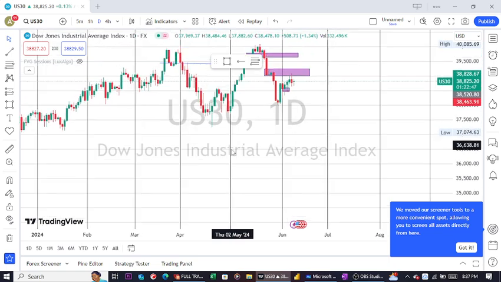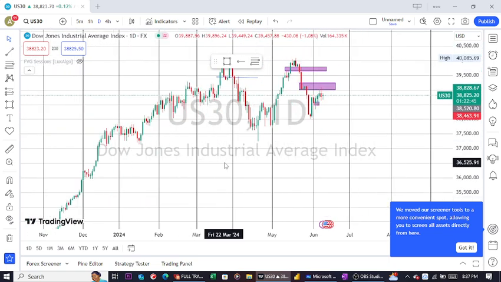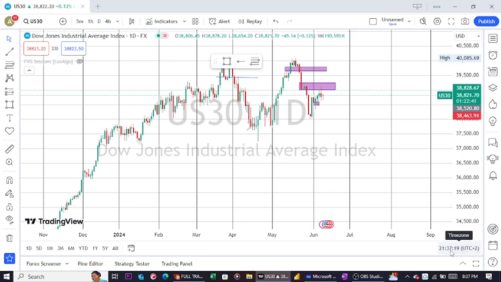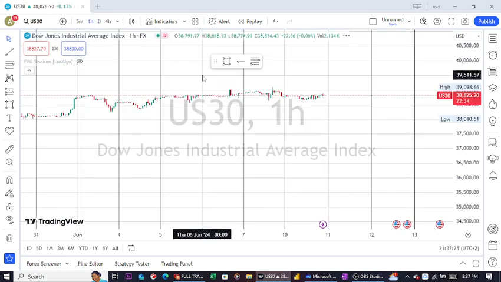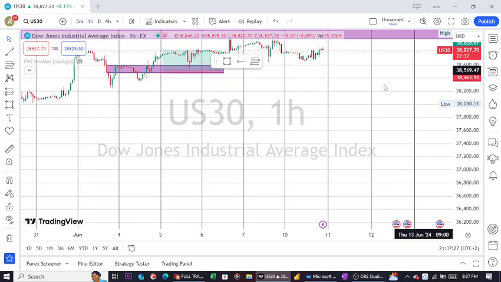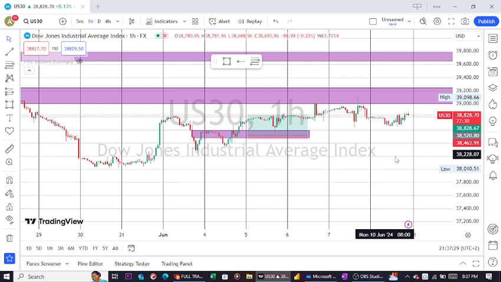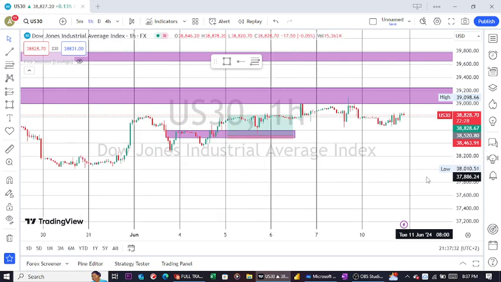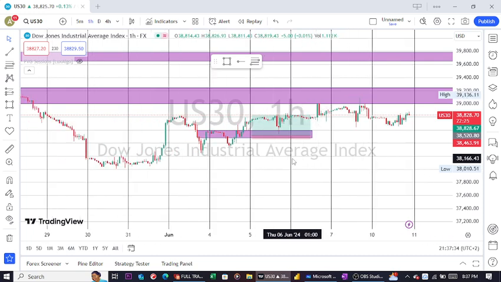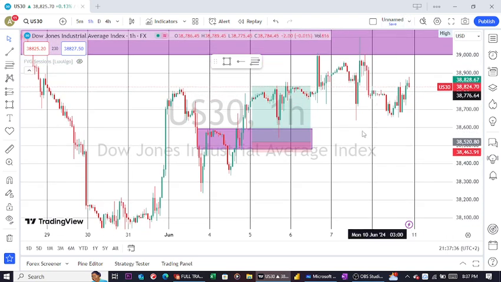Understand? We are working with zones. There are zones that have not been tested in the last 30 days. There are zones that have not been tested in the last 14 days. Those are zones that will always be the next target. So if you draw it out in the 4 hour time frame or 1 hour time frame, depending on what you do, you'll be able to see a whole lot. So that's just it.